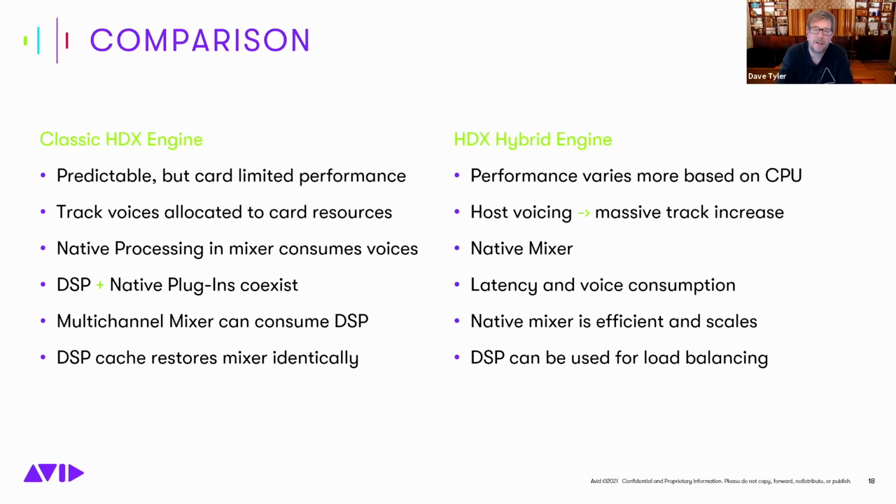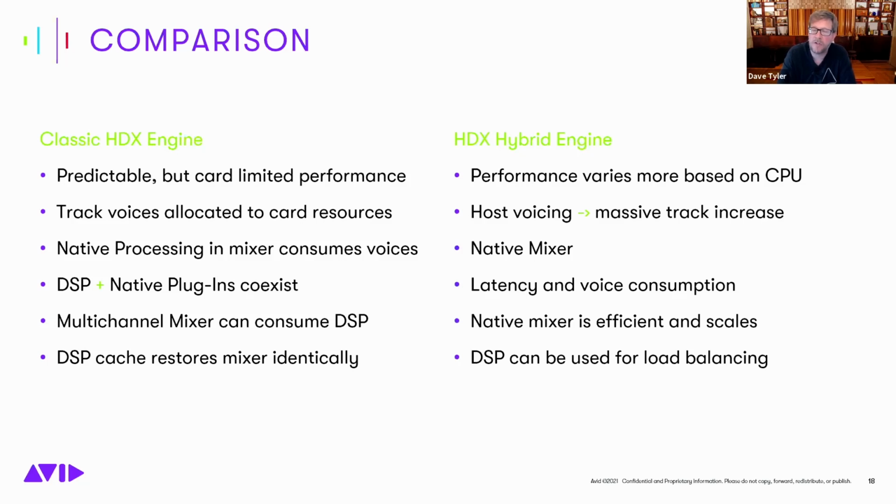Native processing can consume voices, but on the plus side you can mix and match DSP and native plugins within certain constraints. Multi-channel mixing can consume DSP, as we talked about, but on the plus side, the DSP restores itself the same every time. If I'm working in room A with an HDX2 system, I save my session, move into room B, and open it the next day, it's going to open up in exactly the same way, and that's not always the case with the CPU.